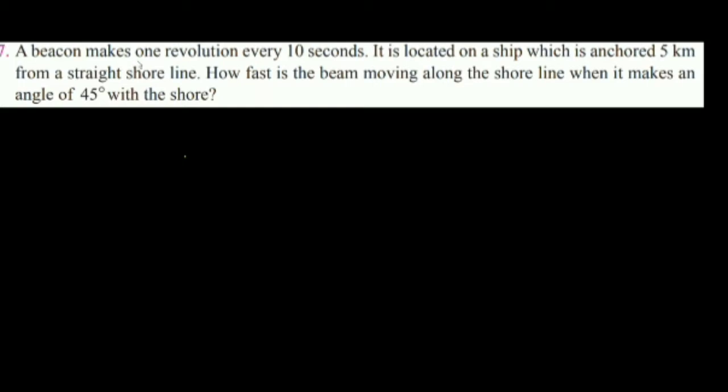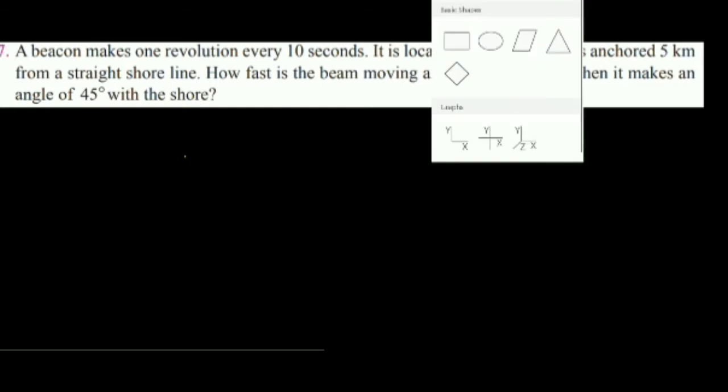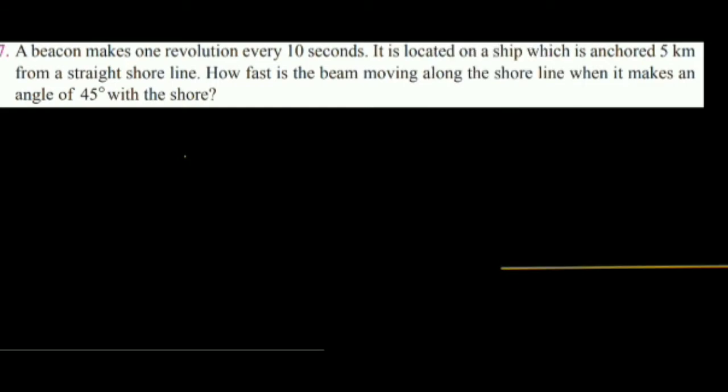The beacon light makes one revolution every 10 seconds. And where is it located? It is located on a ship which is anchored 5 km from a straight shoreline. Suppose this is a shoreline, and it's a straight line.